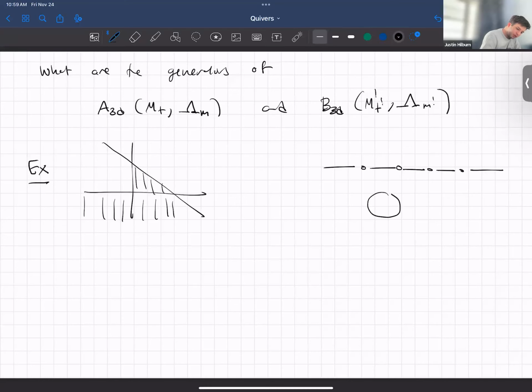And maybe if you want to draw it, it looks a little bit like this. Sorry, I have an extra hyperplane. Where this is a P1, and a C. These are just the toric pictures of that.